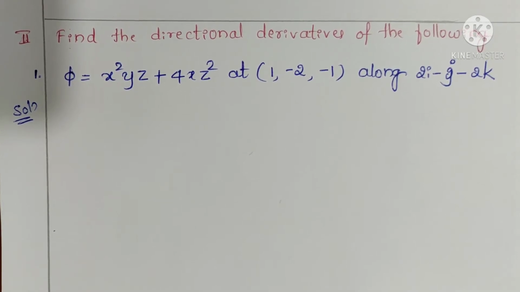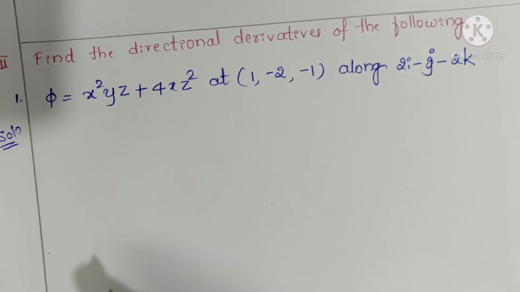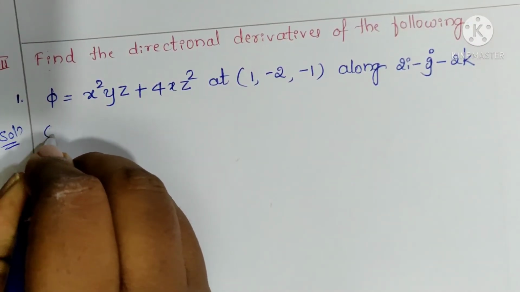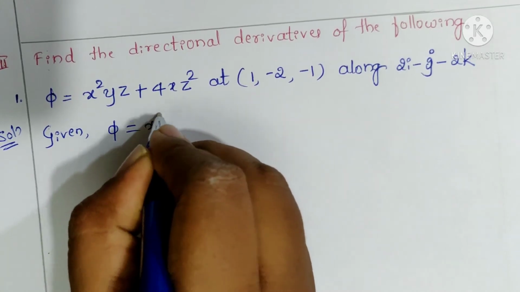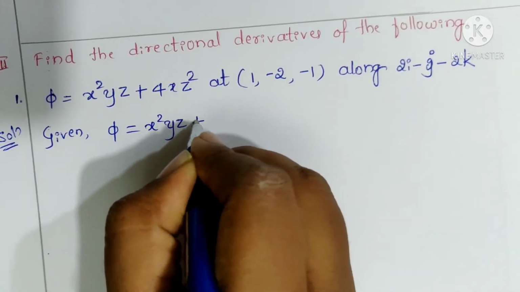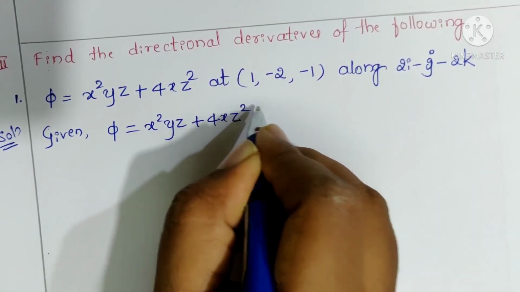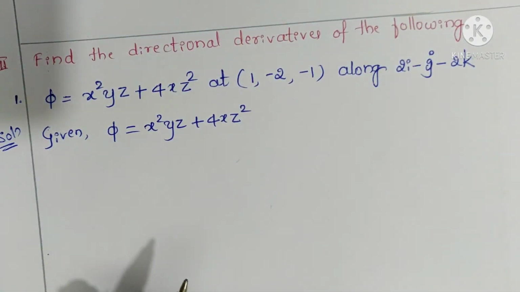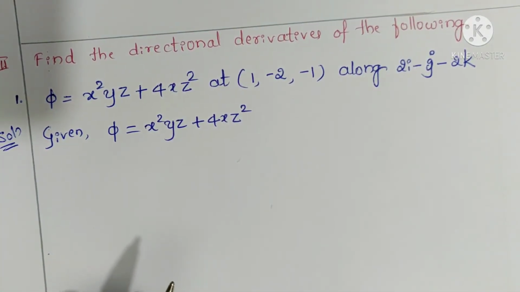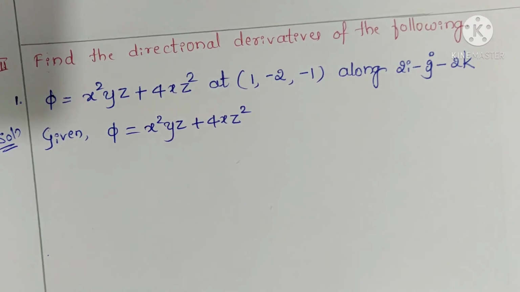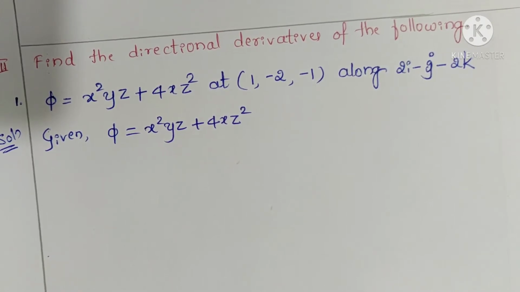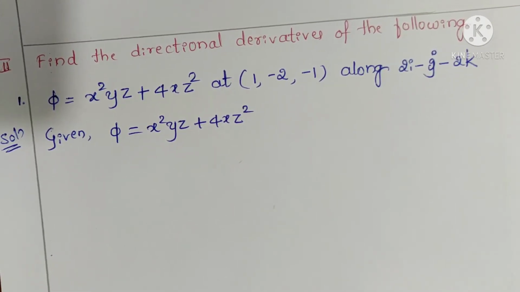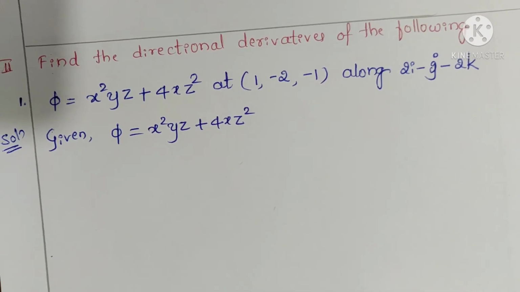So solution, what is given? phi is equal to x square yz plus 4x z square. So what is the directional derivative actually? Directional derivative formula is del phi dot product n cap actually. So for that what we need? We need to find separately del phi and then n cap both, then dot product.